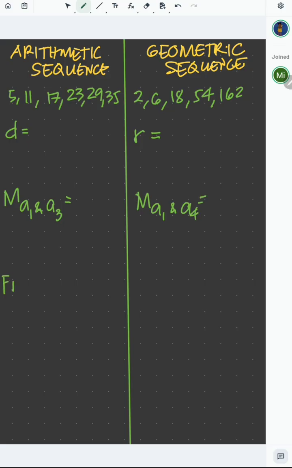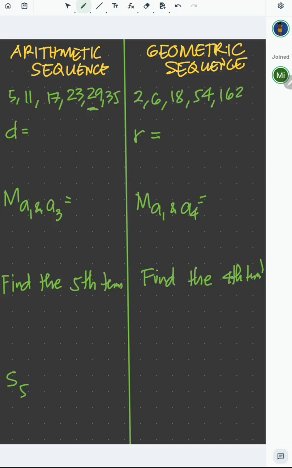Then find the fifth term, and here find the fourth term, and then the sum of the 5 terms, and here the sum of the 4 terms.